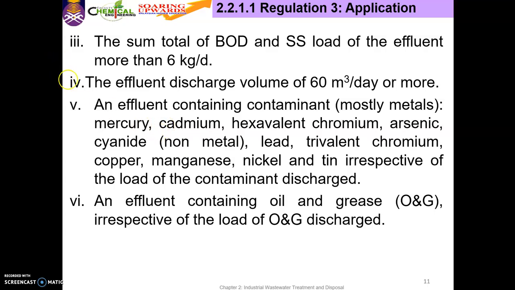Okay, let's say items 1, 2, 3, 4, and 6 data reach the value, but the wastewater contains metals. Dia ada satu je, which is they contain metals, so kena buat walaupun the rest do not exceed the limit. Okay, ada satu je tick, so kena buat wastewater treatment.